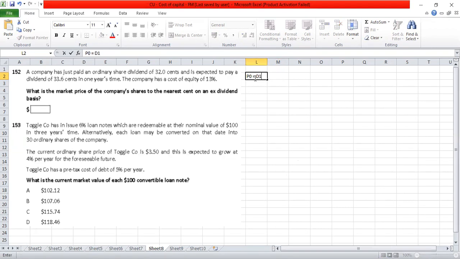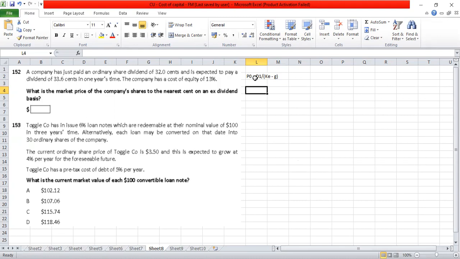If we are to find out the present value, we have to take the dividend at the end of 1 year divided by KE minus G. But if we are finding out the value at the end of 3 years, today's value is P0, 1 year later the value will be P1, 2 years later the value will be P2, and 3 years later the value should be P3.